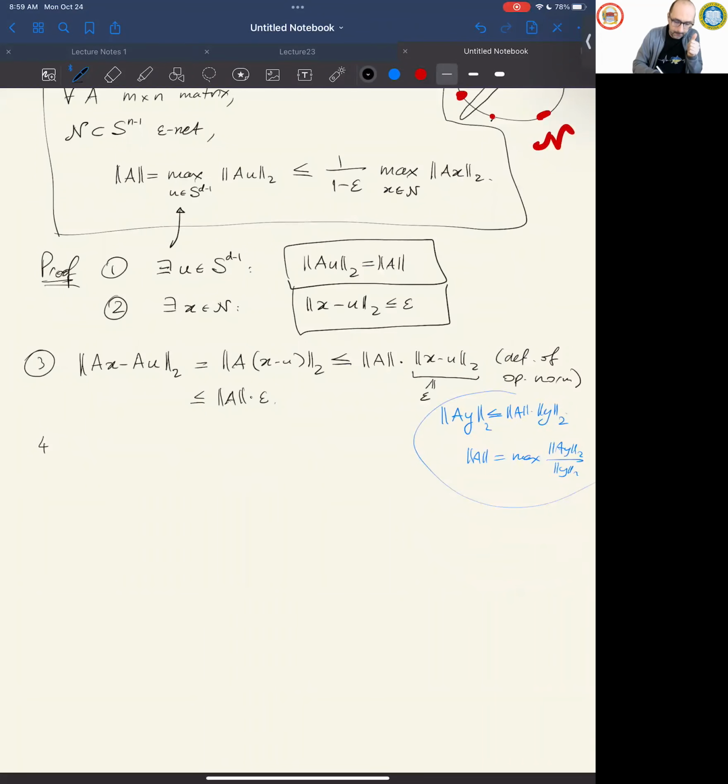Yeah. And fourth, finally, from this, I can conclude that these two are close to each other by triangle inequality. So AX, how do I set up the triangle inequality? So it's the norm of AU minus AX, I guess. That's what it is. Which is greater than, now we apply the triangle inequality, the norm of AU minus the norm of AU minus AX.